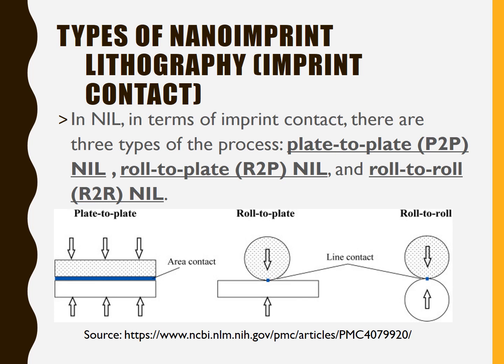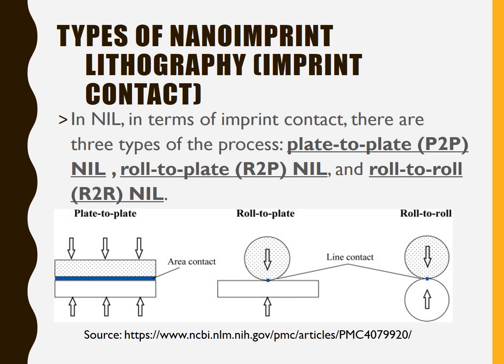The plate to plate is pretty straightforward. A rigid flat stamp or mold, typically a patterned wafer, is used to imprint into a resist layer on a flat rigid substrate, resulting in an area of contact.